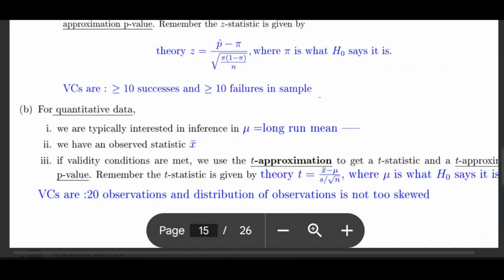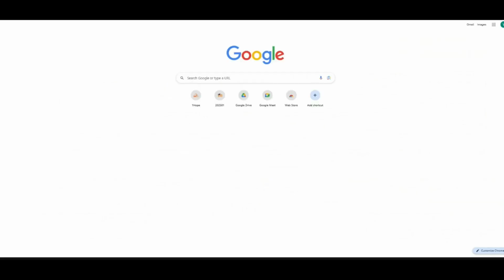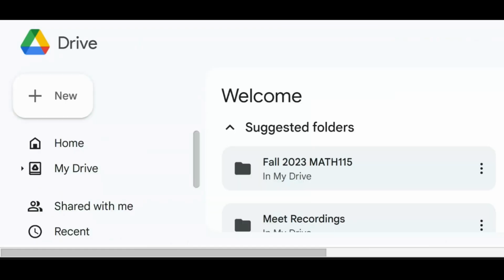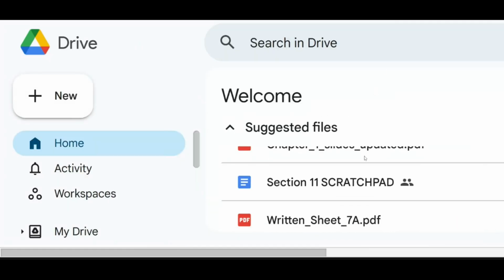Then we have talked about this a bunch of times. You have your theory T, right? x bar minus mu divided by s over root n. Let me show you very quickly where this comes from. Remember, we did this last week. I asked you all to contribute to Scratchpad. Let me, okay, I think it's here.